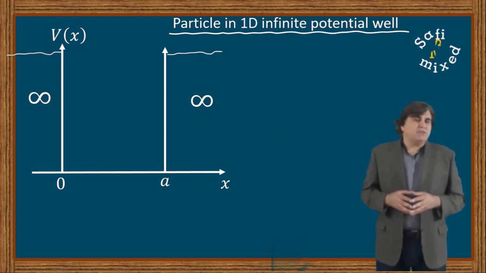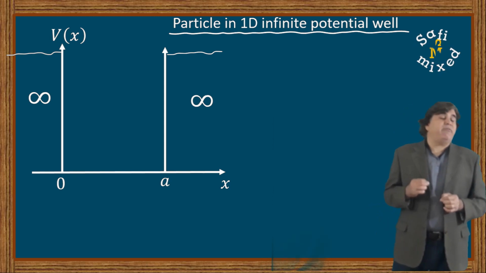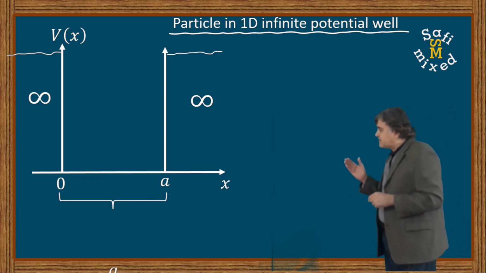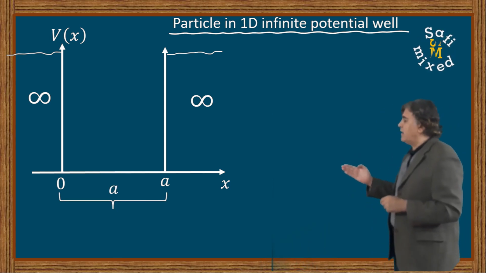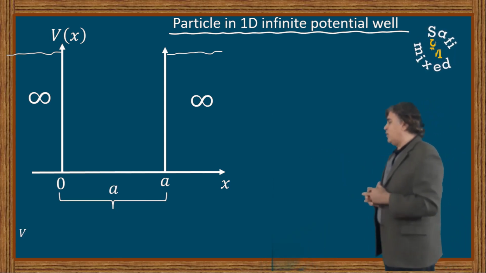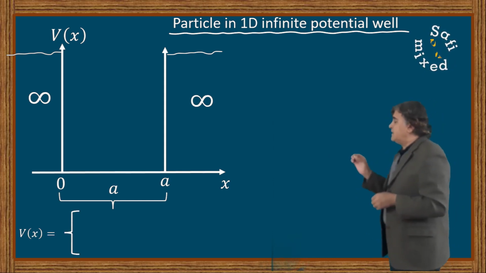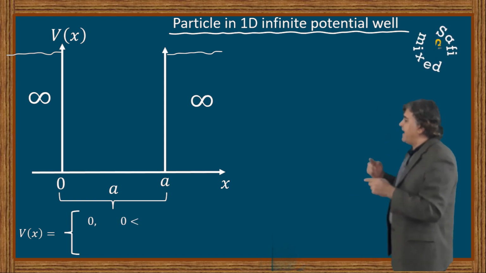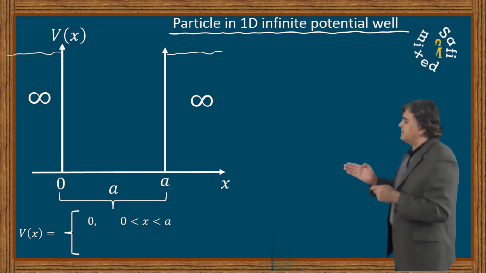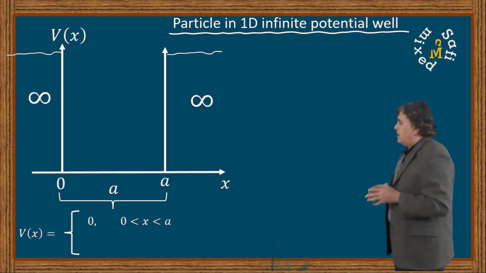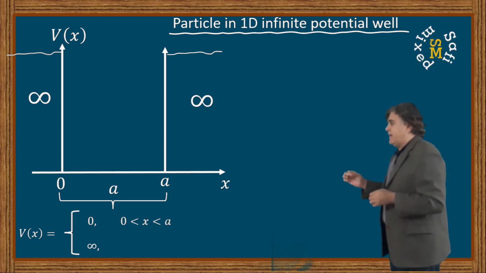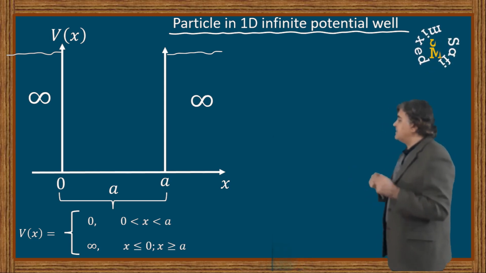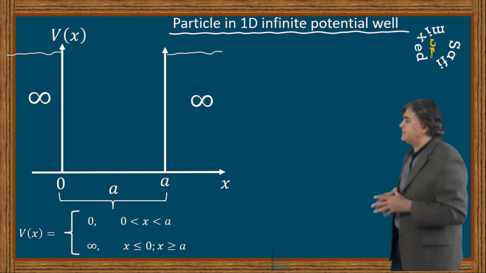The potential function for such a one-dimensional infinite well of width a is mathematically expressed in the form of a conditional function given by this equation, which says that the potential function inside the well, that is the region bounded by x greater than 0 and x lesser than or equal to a, is 0, and outside the well it is infinite, that is for x lesser or equal to 0 and x greater or equal to a the potential is infinite.